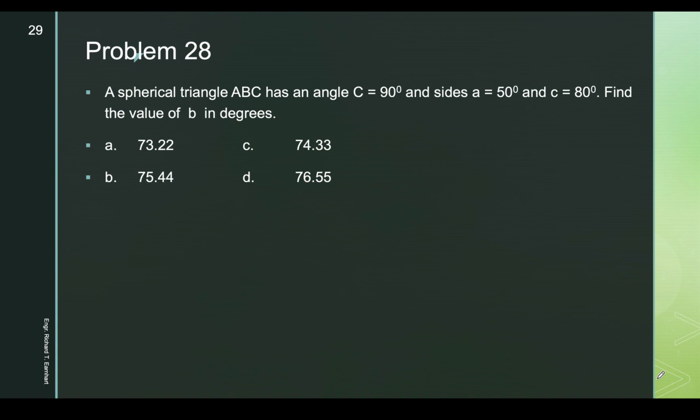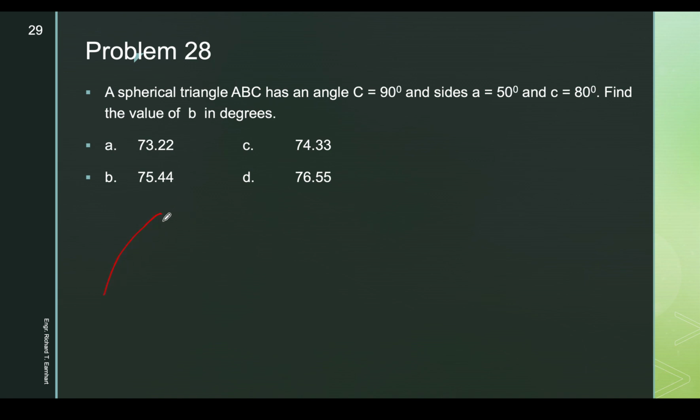A spherical triangle ABC has an angle C equal to 90 degrees and sides A 50 degrees and C 80 degrees. Find the value of B in degrees. Okay, so this is a spherical right triangle.